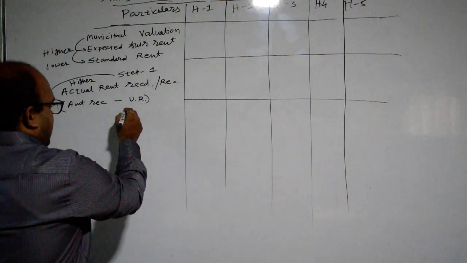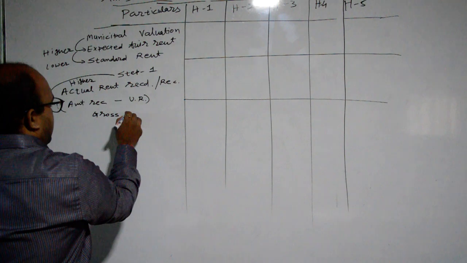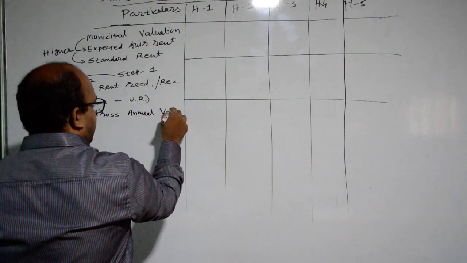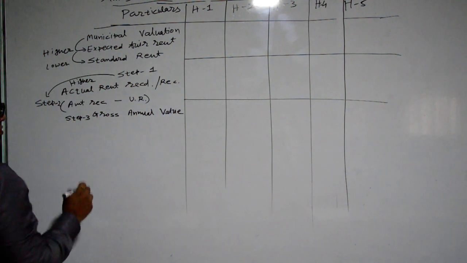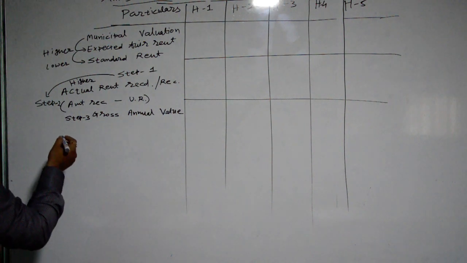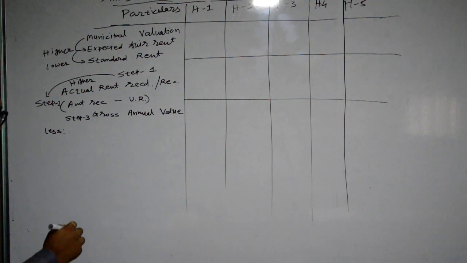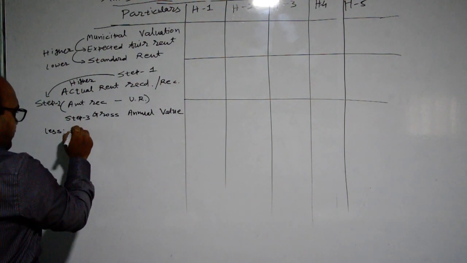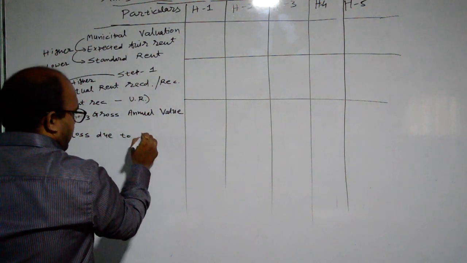It will be our gross annual value. This will be step number 3. Then from this gross annual value, the deduction will be of loss due to vacancy.